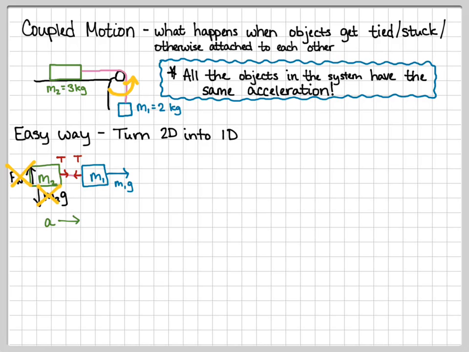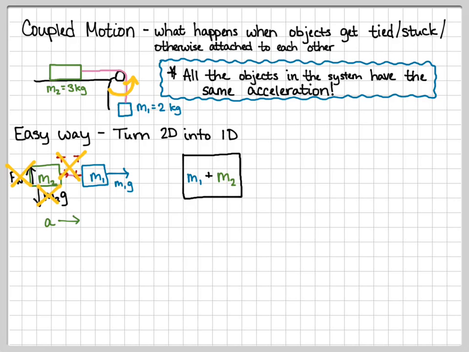So we know that these are equal and opposite, and that goes away. Now we can redraw our diagram yet again. I know it seems complicated, but you're going to like this. So we get M1 plus M2. We can just say that these two blocks are stuck together, because, in coupled motion, they are essentially stuck together.